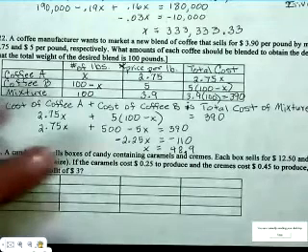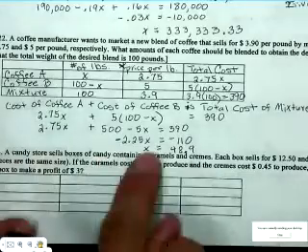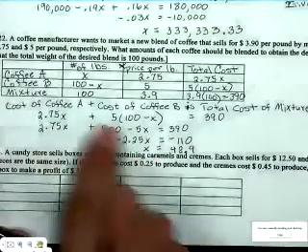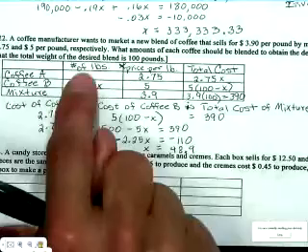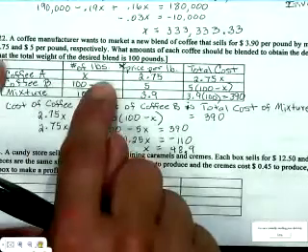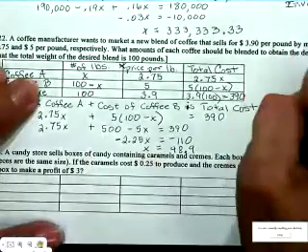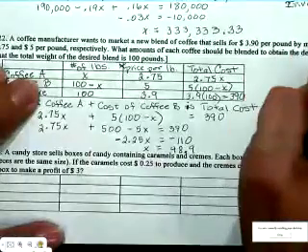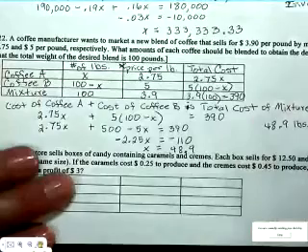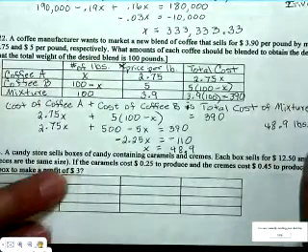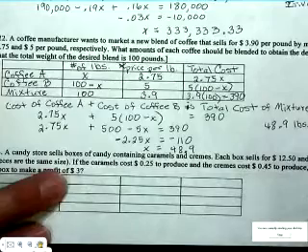We let X, if you've forgotten what you let X be, just look back at your chart. That's under pounds of the cheap coffee. And to be clear to the person who asked the question, I'm going to say $2.75 per pound coffee. I don't want to insult them by calling it cheap coffee.